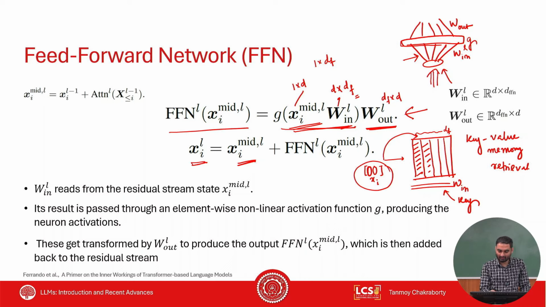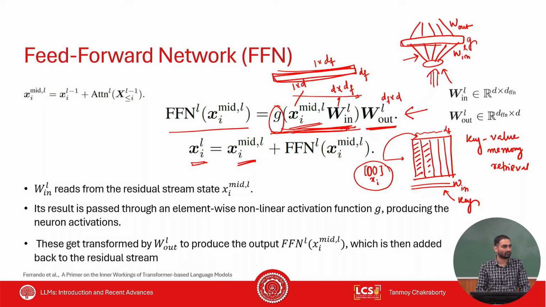Then we pass it through the nonlinearity G. When we pass it through a nonlinearity, it will produce another vector, a vector of size DF. I already told you, a pattern of size DF will be retrieved from W_in.